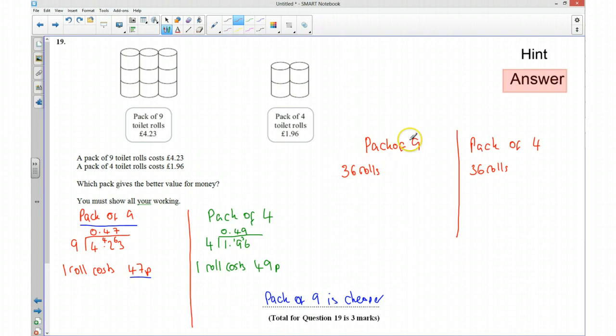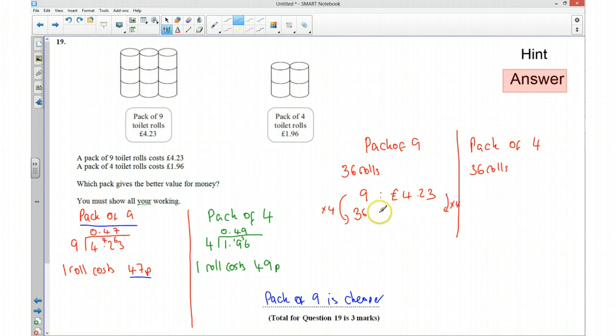Okay, so if 9 rolls cost £4.23, then 36 rolls, well that's going to be 4 times as much. That's going to be 4 packs of this, so I need to times this number by 4 as well.